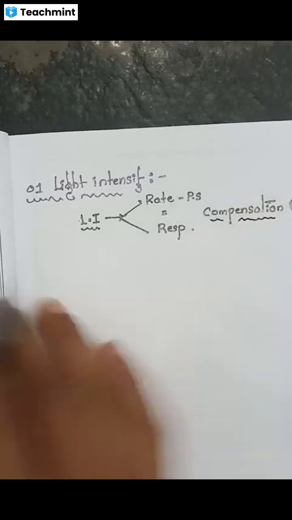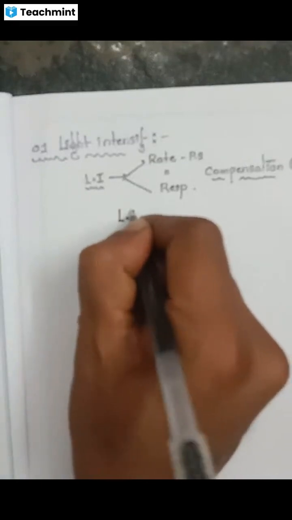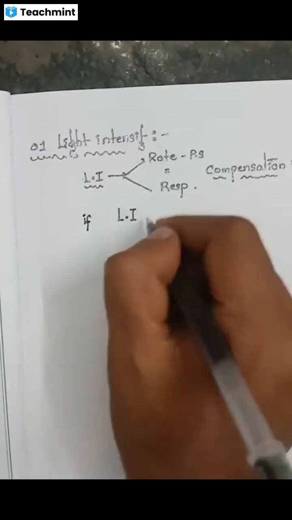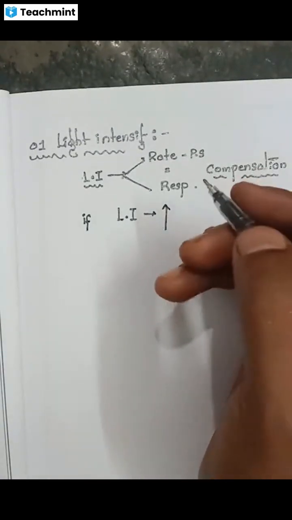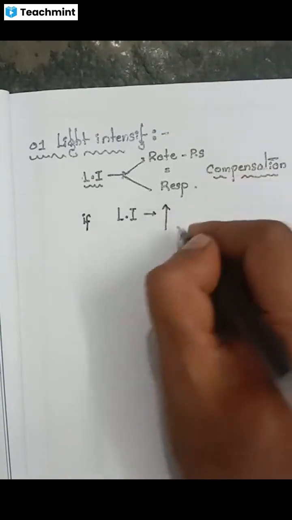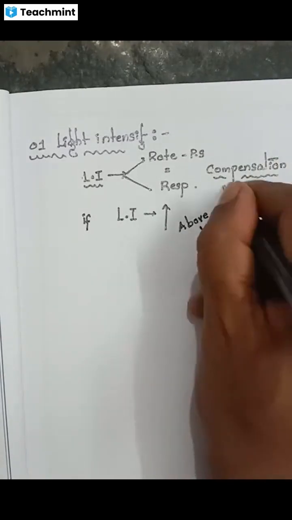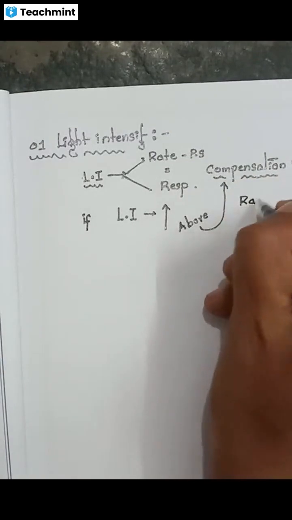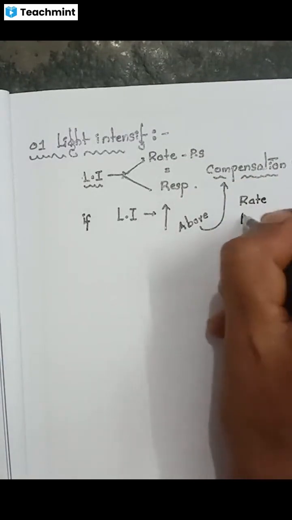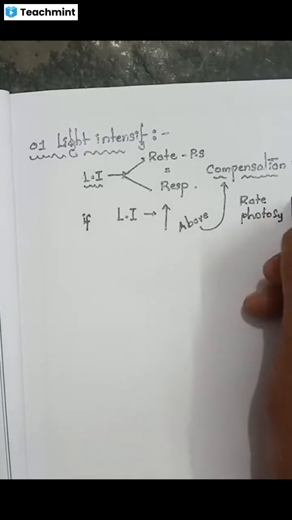If the light intensity is increased above the compensation point, the rate of photosynthesis is increased.